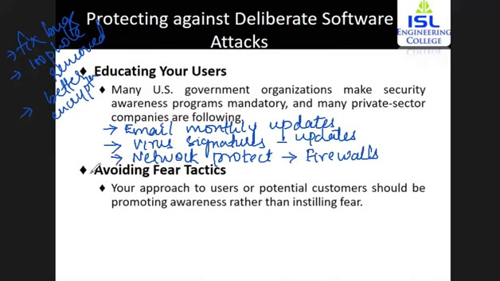The next is avoiding fear tactics. Within avoiding fear tactics, your approach to the user or potential customer should be promoting awareness rather than instilling fear. You're going to educate your user in such a way that he does not get afraid of the different attacks, whereas he is going to identify what the different attacks are and how he is going to encounter those attacks.